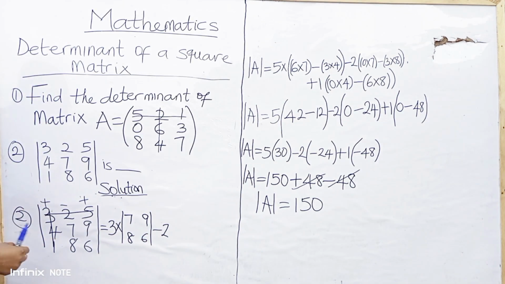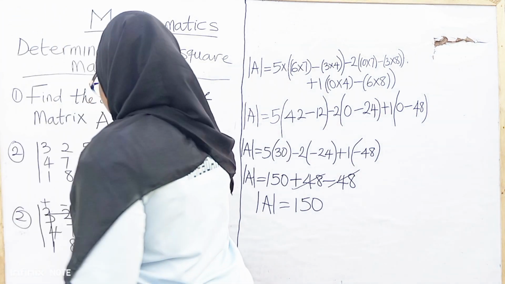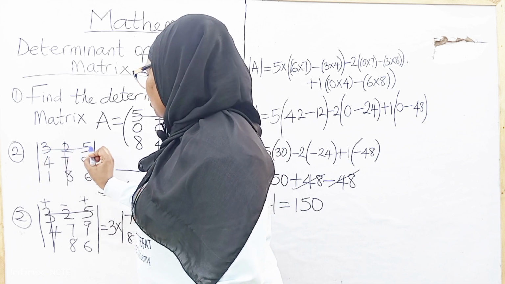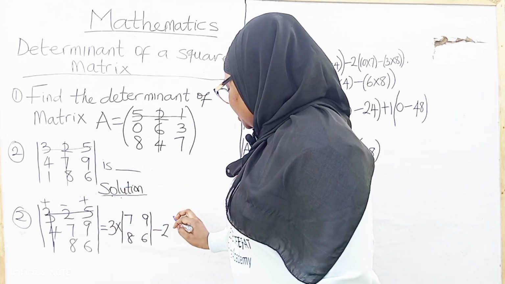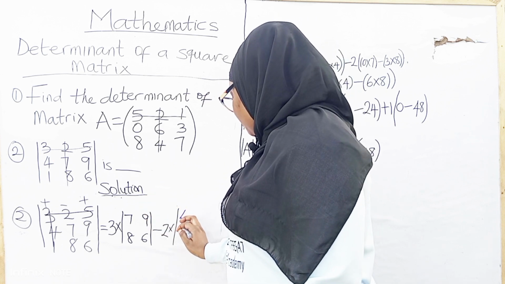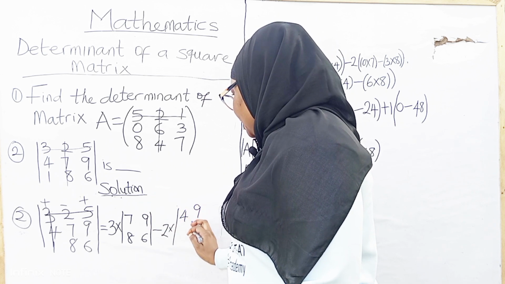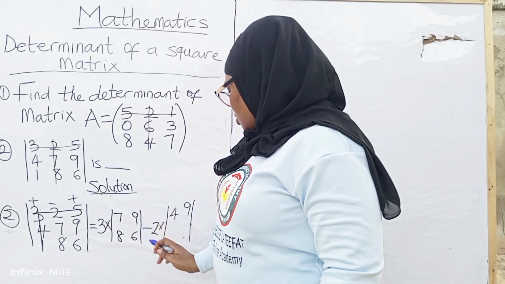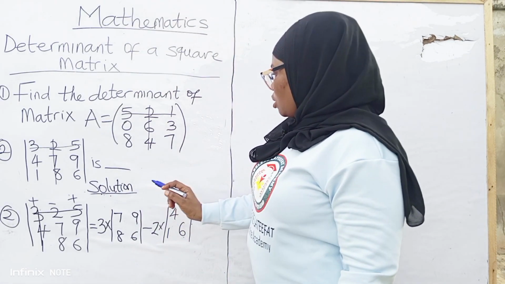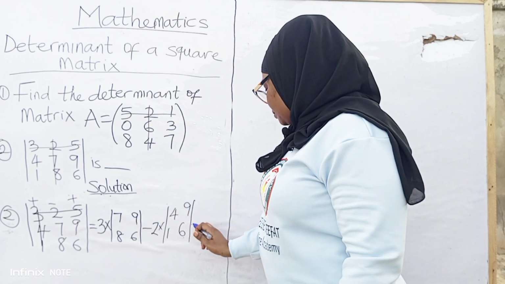For this minus 2, you are covering it vertically, you are covering it horizontally. So you are finding the determinant of the remaining elements, which are 4, 9, 1, 6.